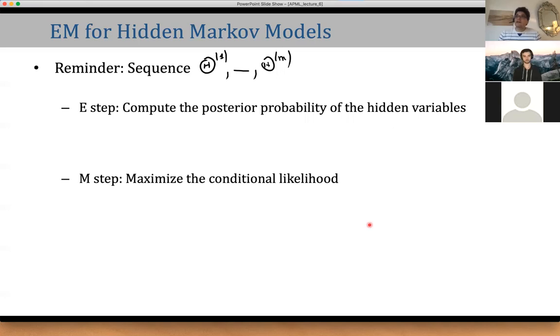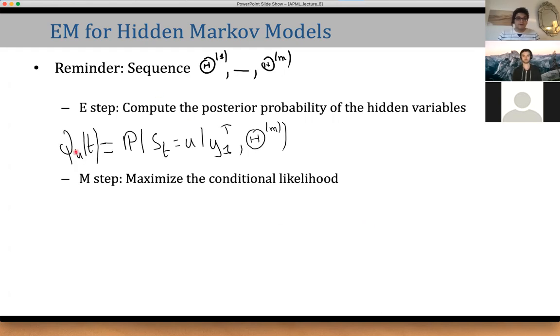But here we cannot compute the posterior probability for the whole sequence of hidden states. Rather, we will compute the posterior probability to be in state U at each position in the sequence, given our observed sequence. And that's the quantity we will use.